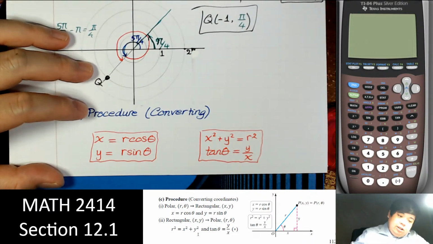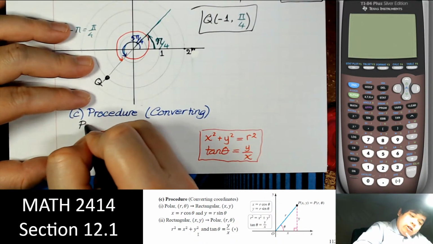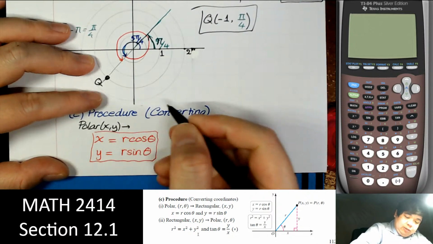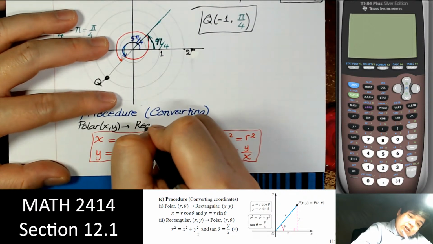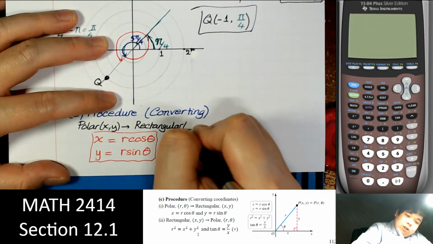So this one, of course, we want to go from polar, r and theta, to rectangular, which is x and y.